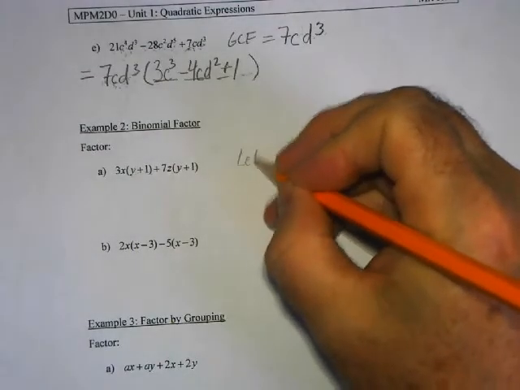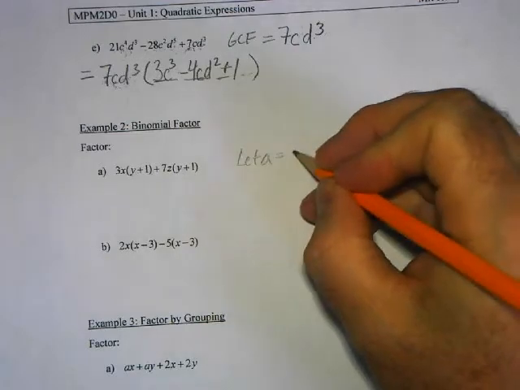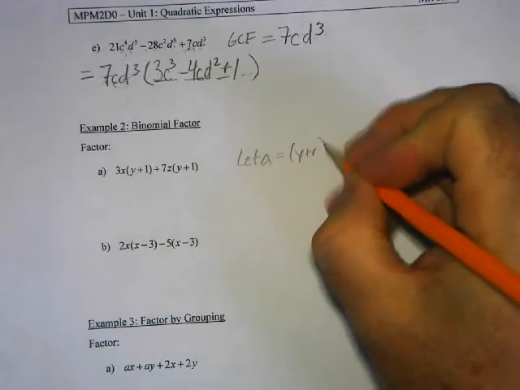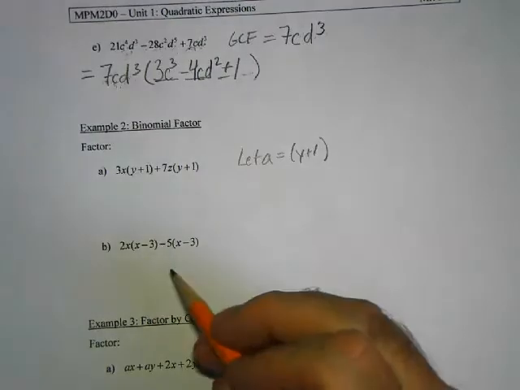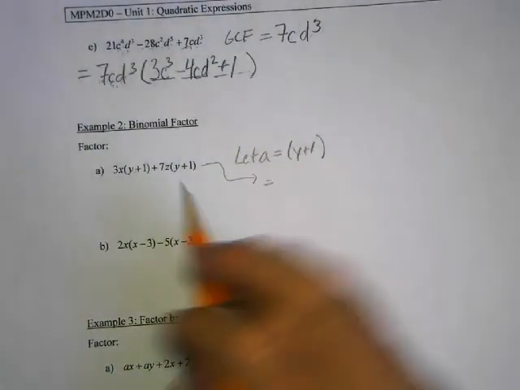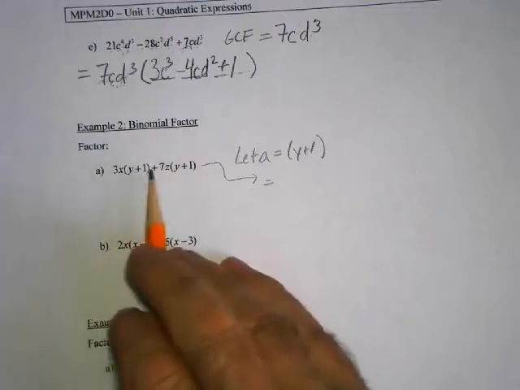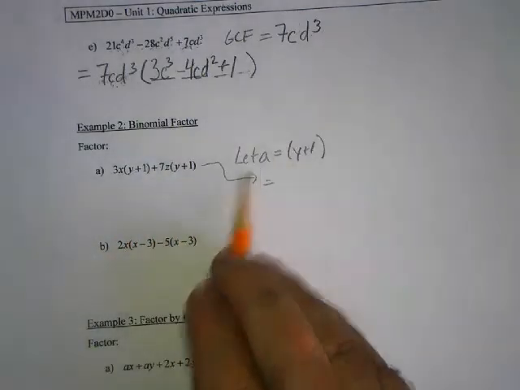But I'm going to pick the variable a, and I'm going to say let a equal the y plus 1. I got brackets around there, you don't have to. So if I was to now update this expression, not equation, everywhere I see a y plus 1, I'm changing it to a.